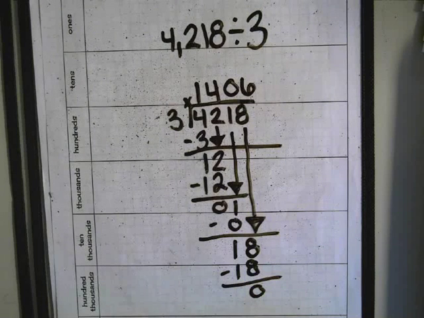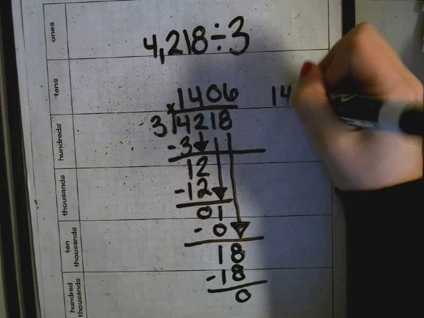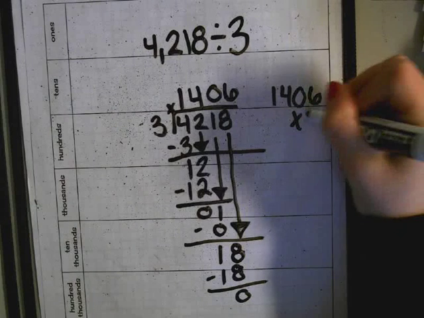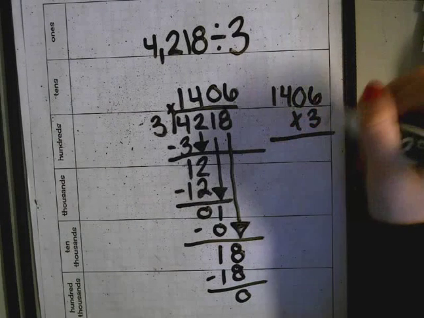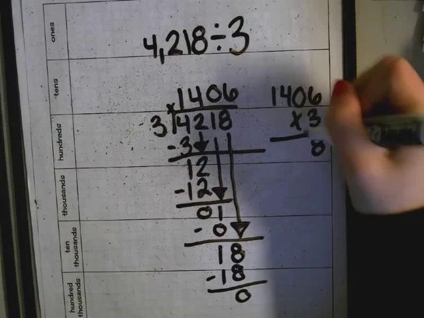What did I say we had to do at the end of this problem, though? Multiplication. Yeah, check with multiplication. So let's do 1,406 times 3. All right, you guys go ahead and do that one on your paper, and we'll check our answers and see if we're the same.